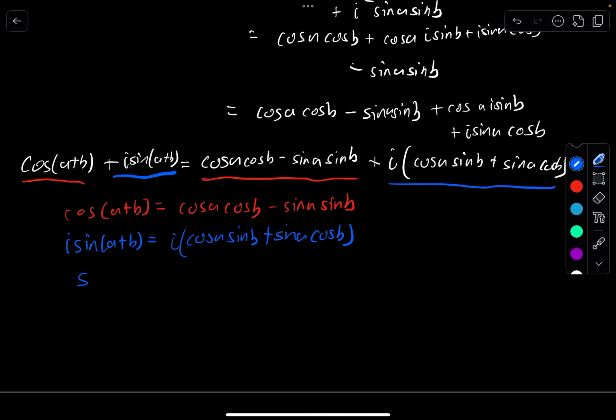But we can cancel out the i's and come up with the formula that we were looking for: sine A cosine B plus cosine A sine B.